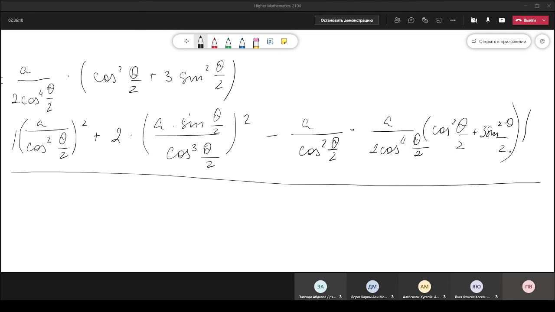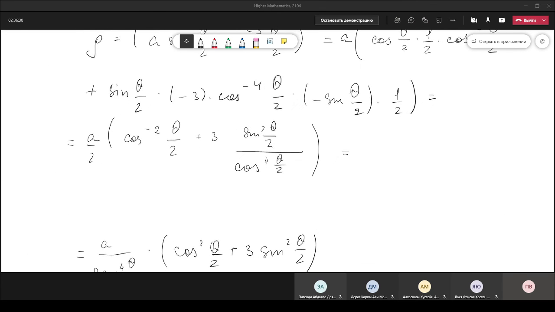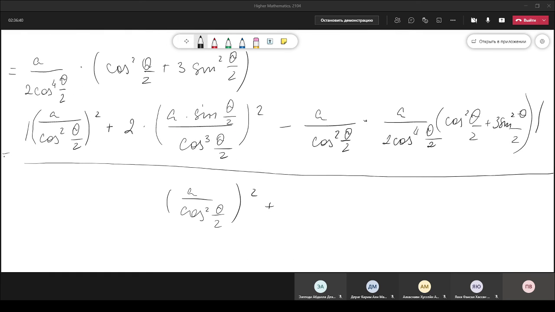Rho squared plus rho prime squared. Rho squared is a times cosine squared of theta over 2, squared, plus rho prime squared. Rho prime is what? Here rho prime is a times sine over cosine cubed, squared, and power 3 over 2.